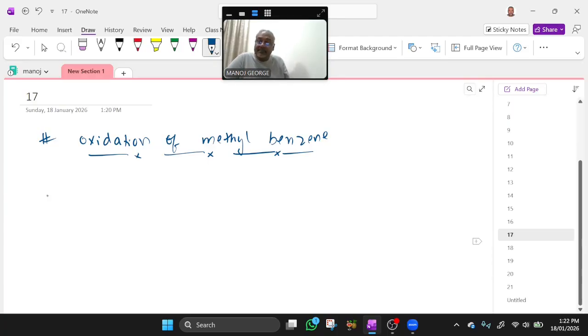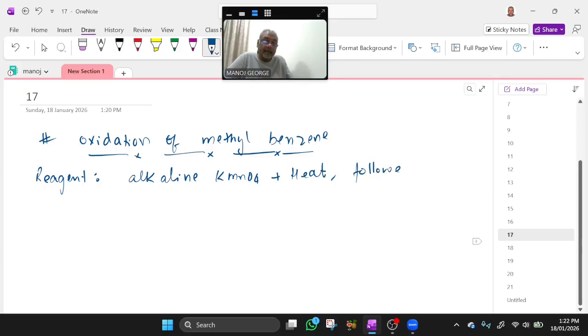Oxidation of methyl benzene. So the reagent that I need is alkaline KMnO4 plus heat, followed by dilute H2SO4 aqueous. Okay, so let me know when you're ready.